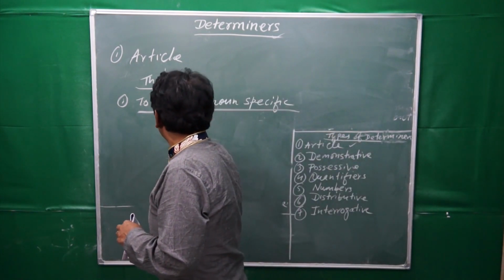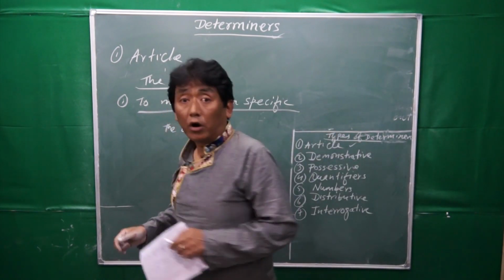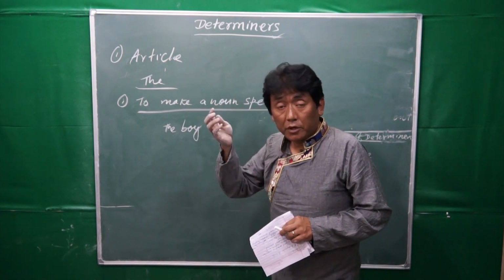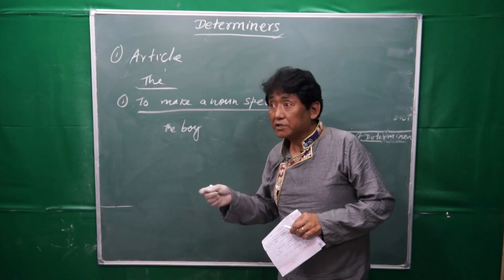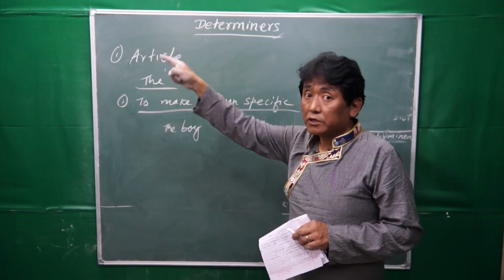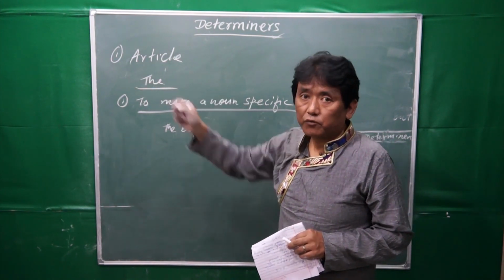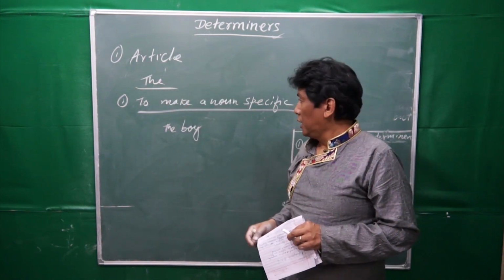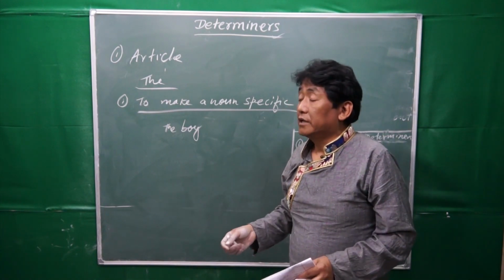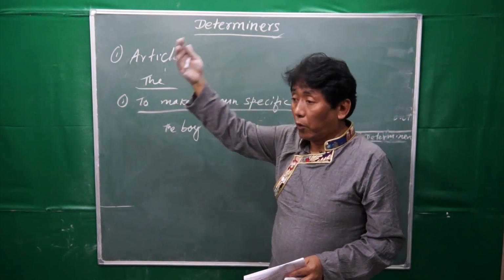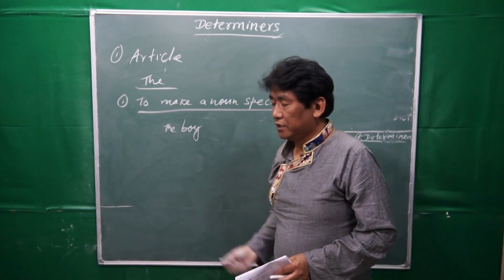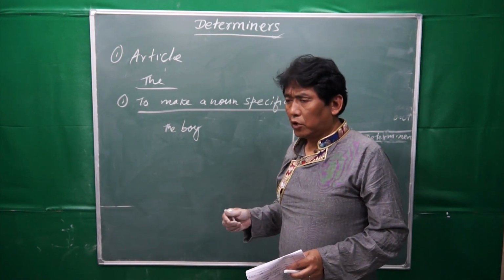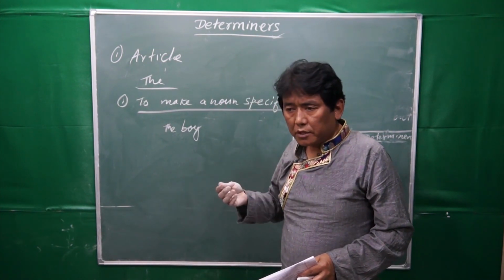The boy was wearing a red cap. What I'm trying to say is I saw a boy at the school gate and the same boy was wearing a red cap. But if I say, I saw a boy at the school gate, the next sentence, a boy was wearing a red cap.